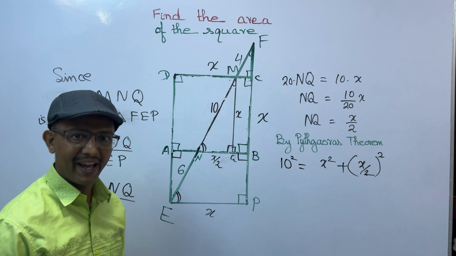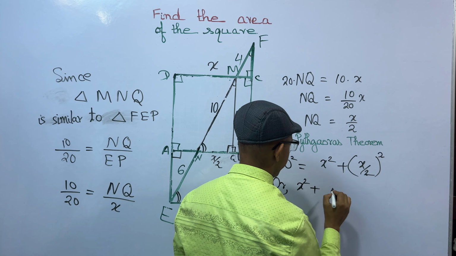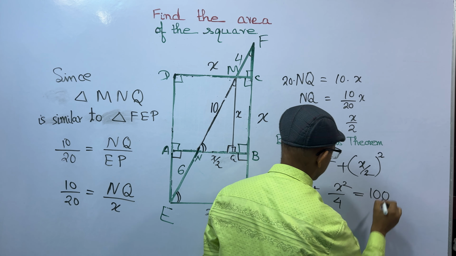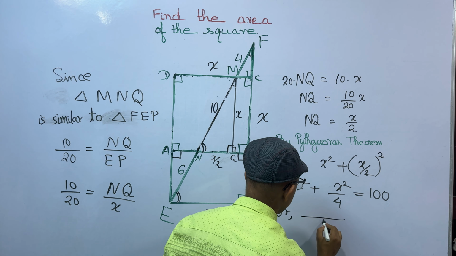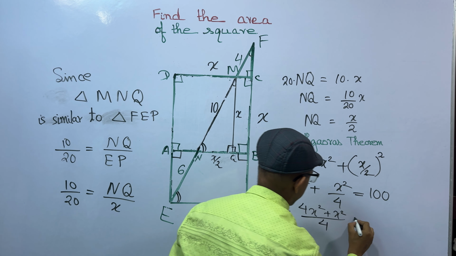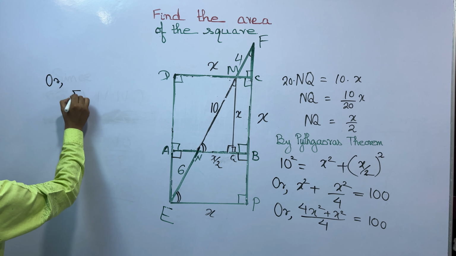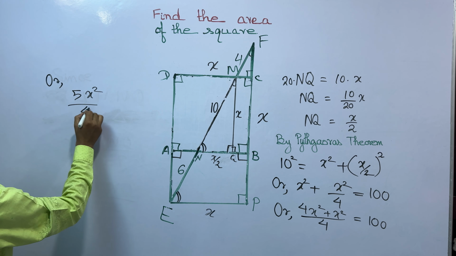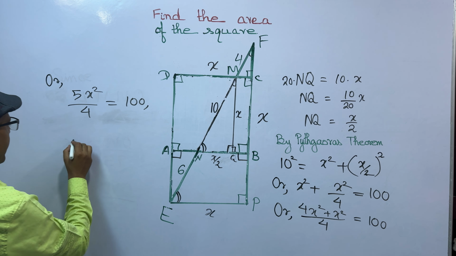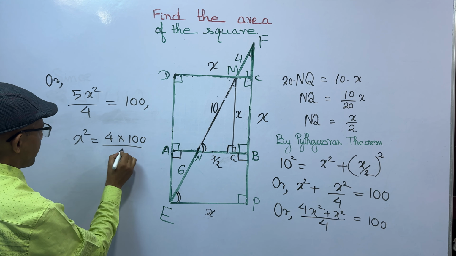Can we solve for x? Of course. Sum of x square and x square divided by 4 equal to 100. We can take LCM and write it as 4 times x square plus x square equal to 100. That gives us 5 times x square divided by 4 equal to 100, or x square equal to 4 times 100 divided by 5.